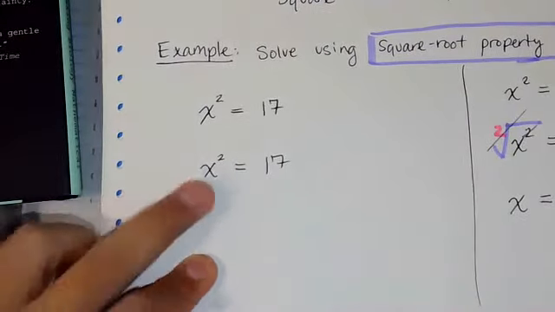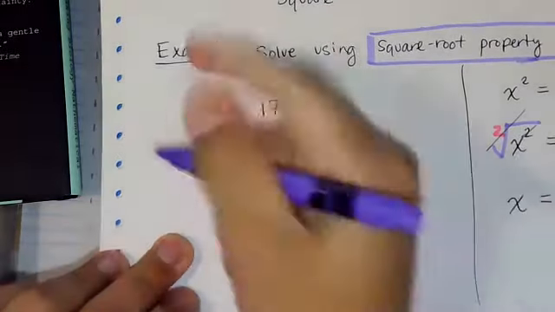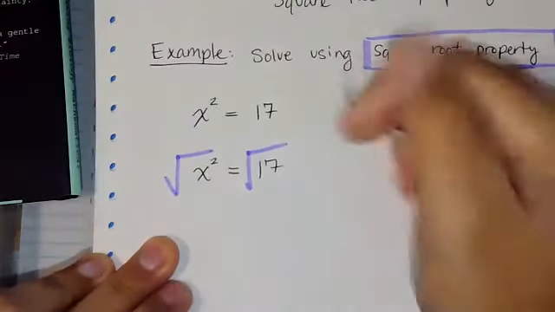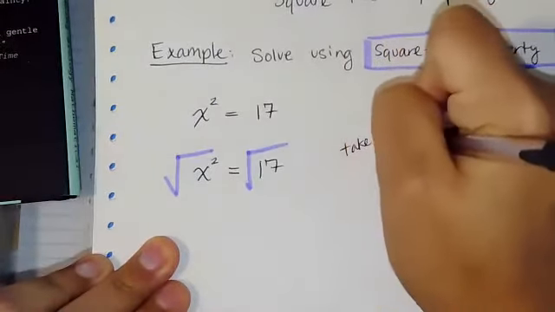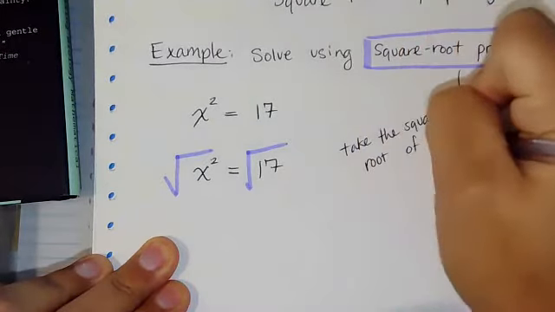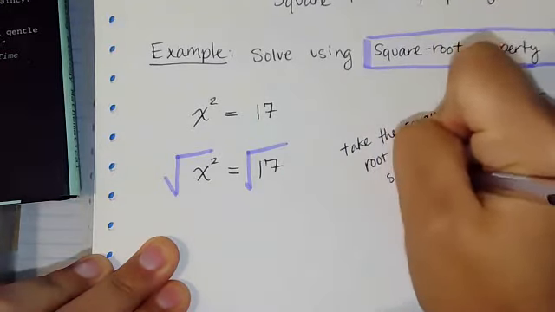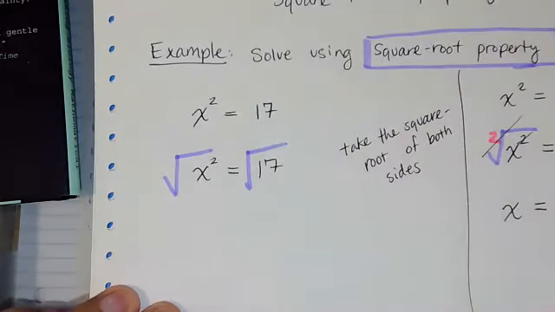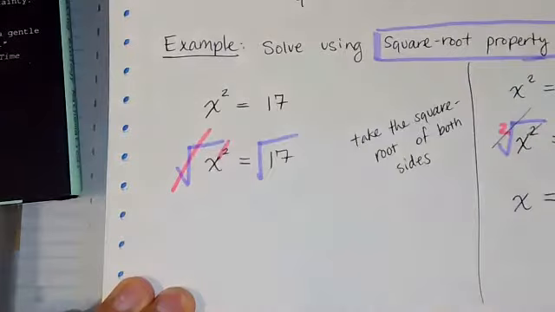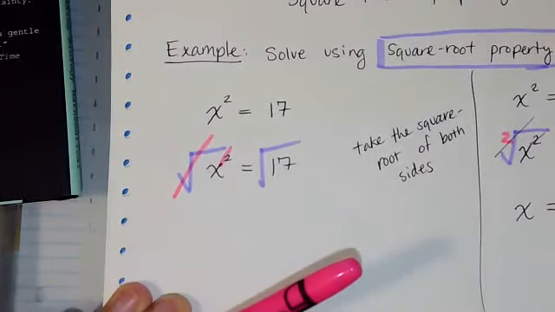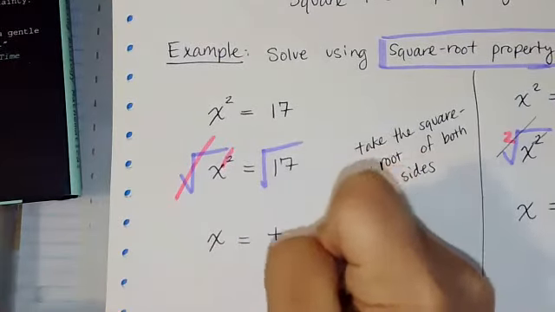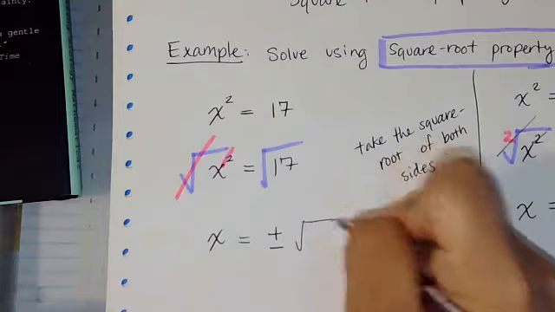And then I can say, to cancel out this square, I need to take the square root of both sides. So I might write myself a little note here that says take the square root of both sides. Now that will allow me to cancel out the root and this exponent since they're inverse operations, and that will leave us with x is equal to plus or minus the square root of 17.